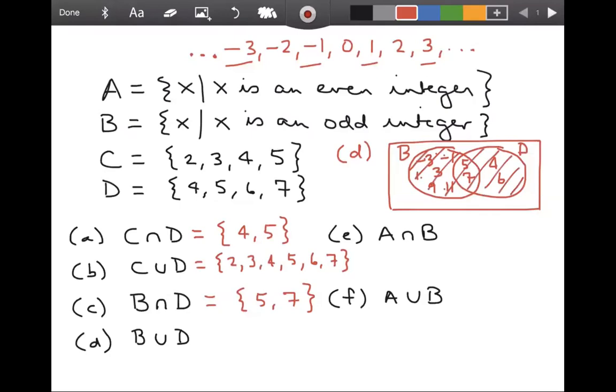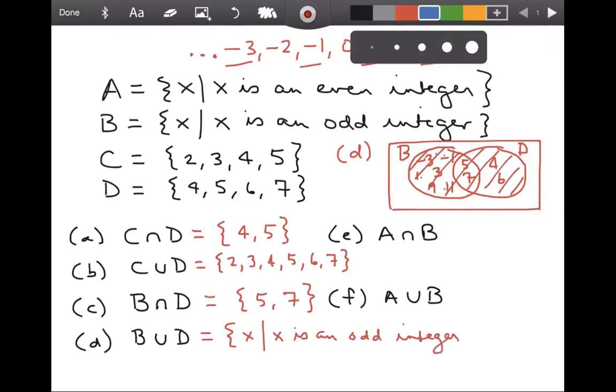All right. So I think the easiest way to write this answer will be to use set builder notation. So if I start by saying the set of all x such that x is an odd integer, that's going to take care of everything in here and also these two.